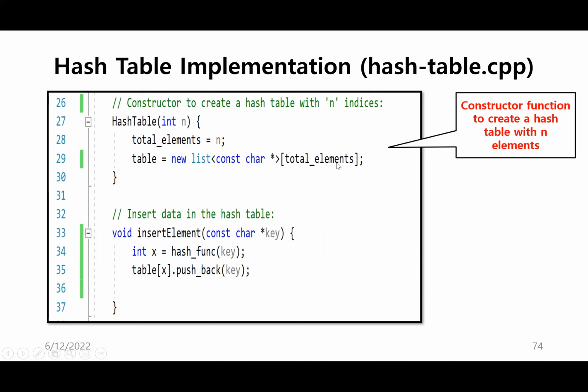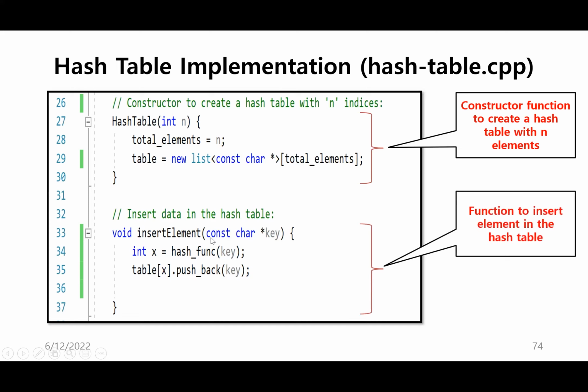So you can see this is my array table. If my total element is 7, that means I create an array of 7 elements, and every element will store this type, list of constant character pointer, which is a list that stores a string in every node.